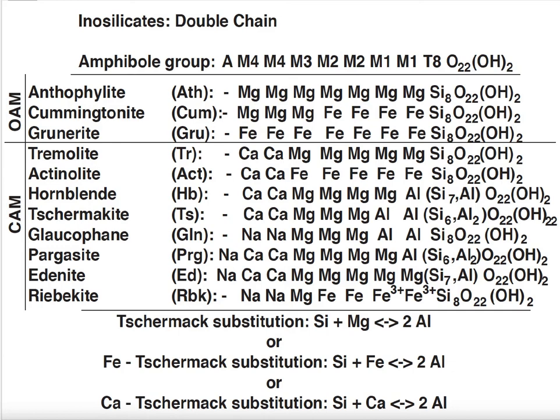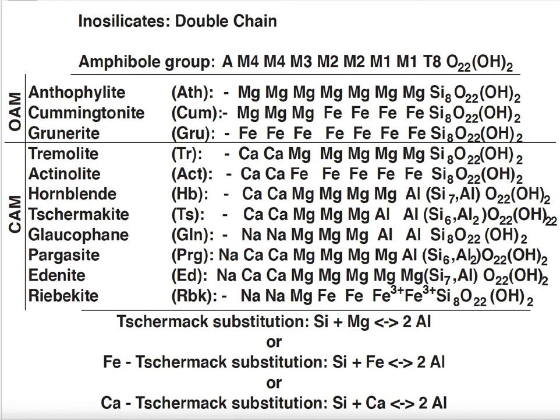And here, in the mineral chemical formula for the tschermakite, I have written by mistake OH22. That is wrong. So just remove the 22 and replace it with 2. So they have one OH2 group.